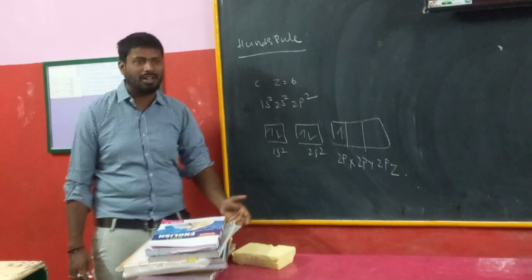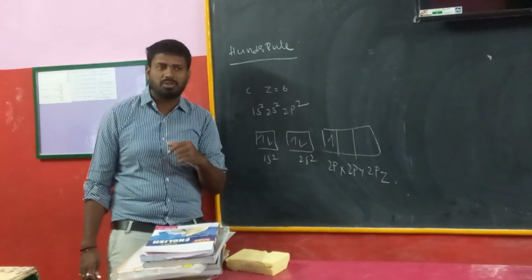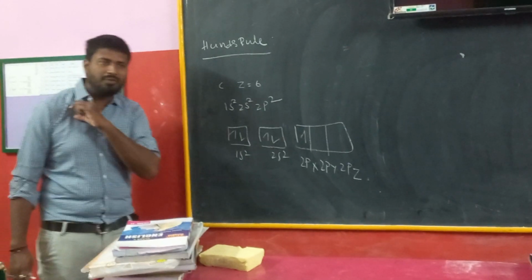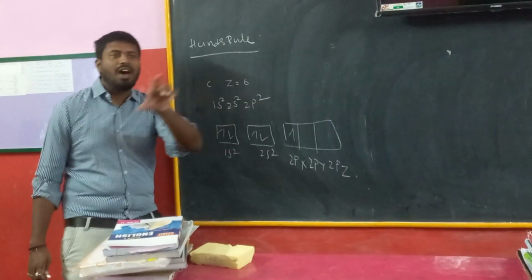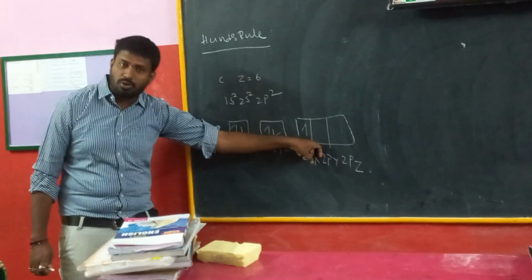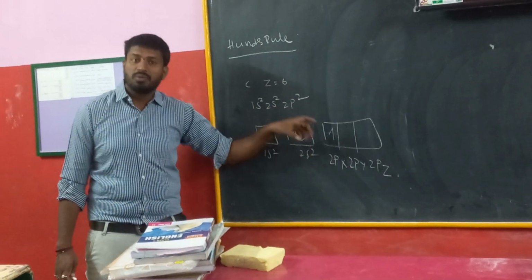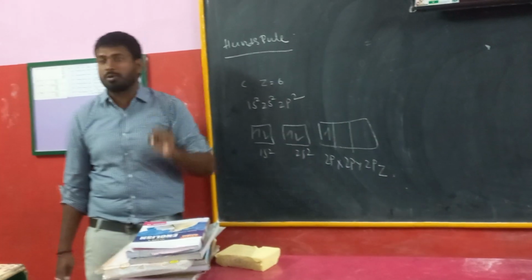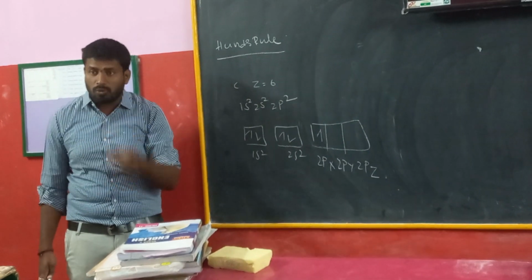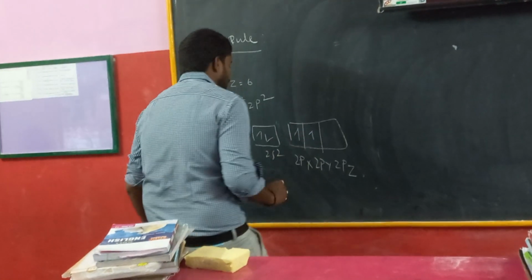We fill the 6 electrons with half-filled configuration. After 2px, it goes into 2py. No doubt 2px can accommodate 2 electrons, but as per Hund's rule, the next electron goes into 2py.